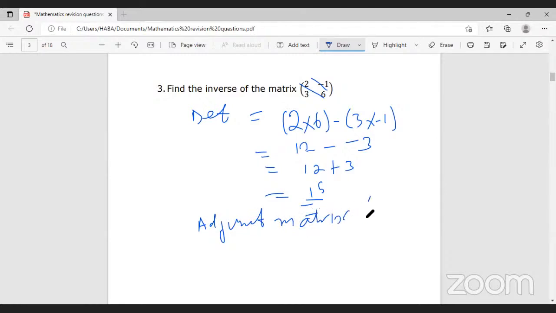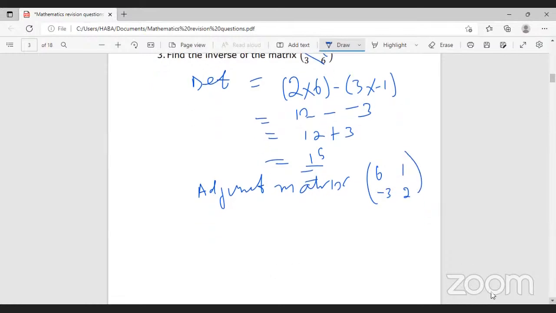So here we are going to interchange the elements of the major diagonal. So 6 goes up, the 2 comes down, and then in the minor diagonal, we change the signs. The 1 was negative, it now changes to positive, and the 3 was positive, and it now changes to negative.